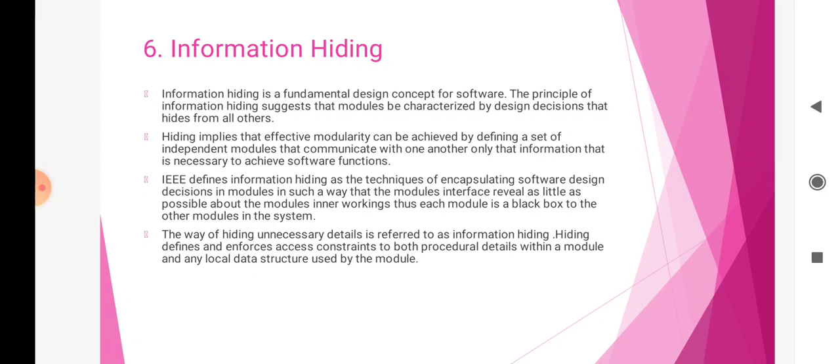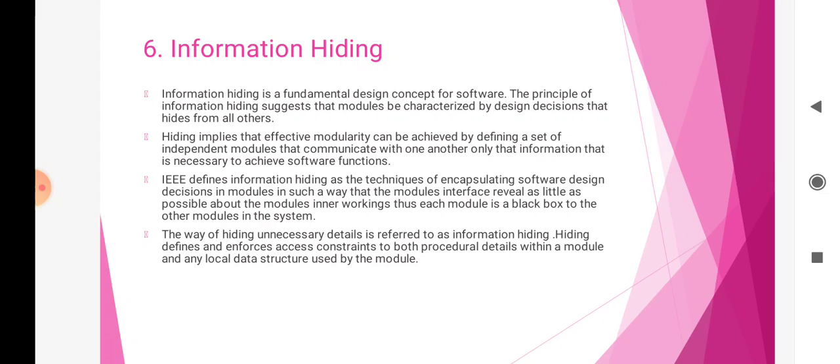Because most data and procedures are hidden from other parts of the software, inadvertent errors introduced during modifications are less likely to propagate to other locations within the software. Modules should be specified and designed in such a way that the data structures and processing details of one module are not accessible to other modules.